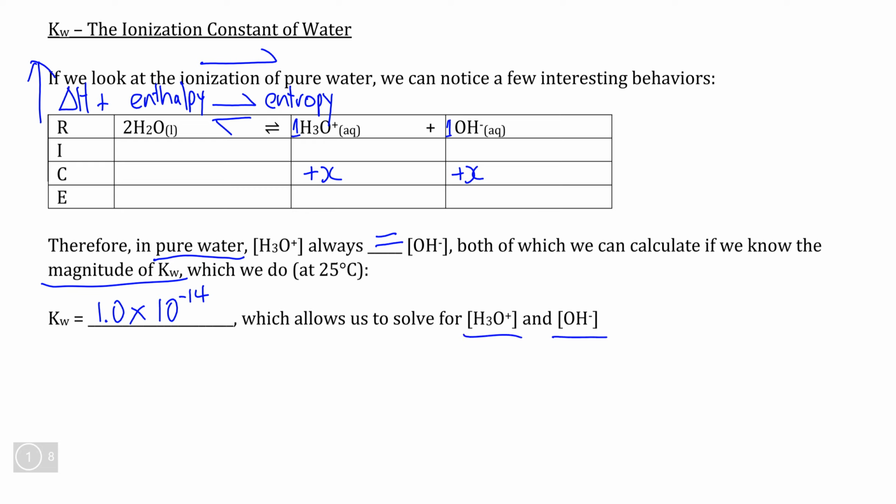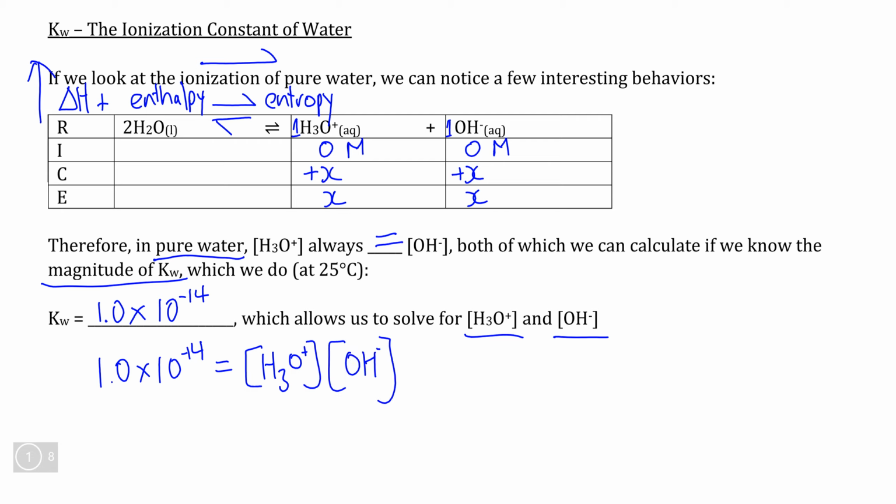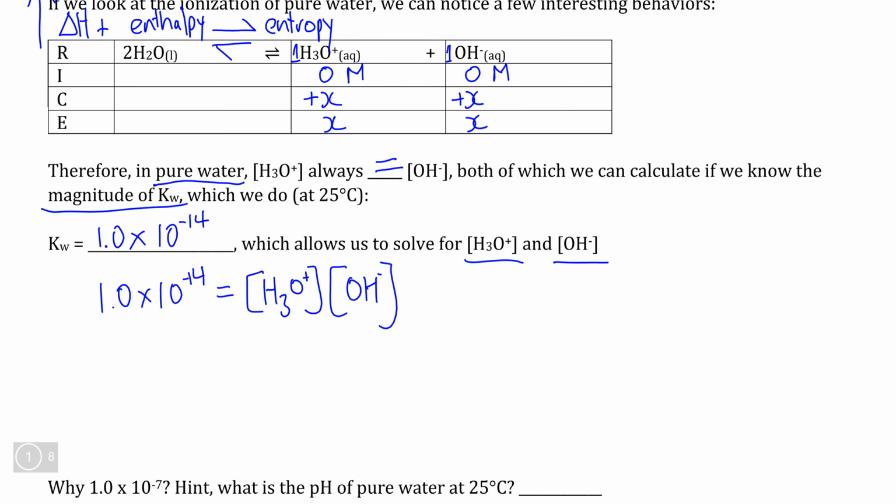So if we use this to calculate what the concentration of H3O+ and OH- is, assuming that value is X, assuming that we have pure water and our initial concentrations of each ion are 0, that means that our Kw, 1.0 times 10 to the negative 14, is simply equal to the concentration of H3O+ times the concentration of OH-, which we can see from our RICE table is going to be X times X, which is simply X squared.